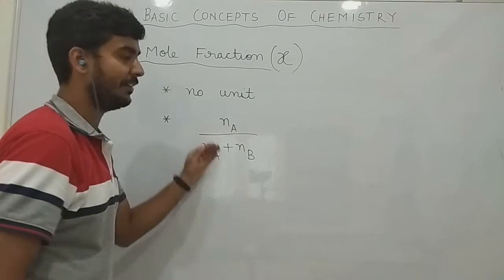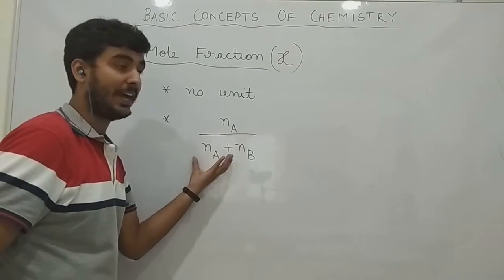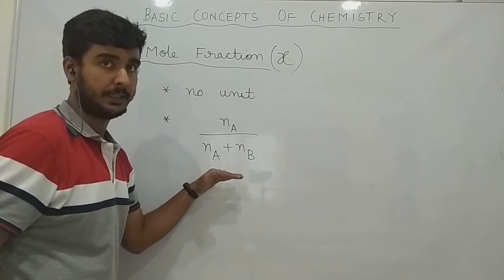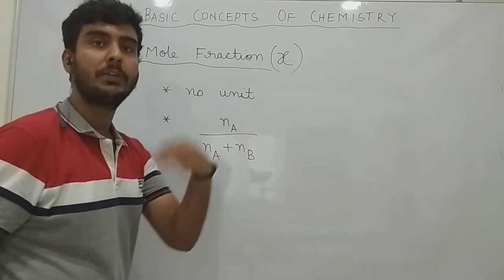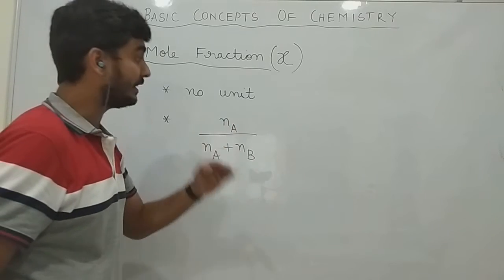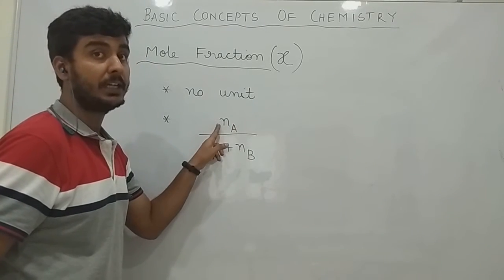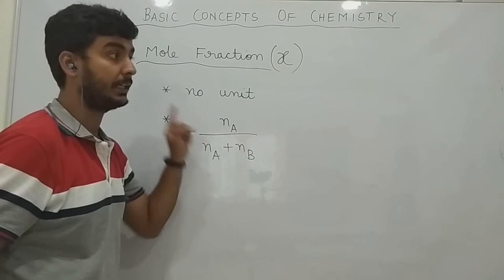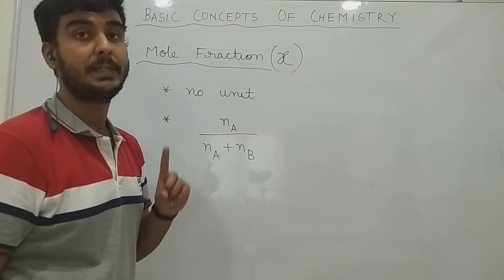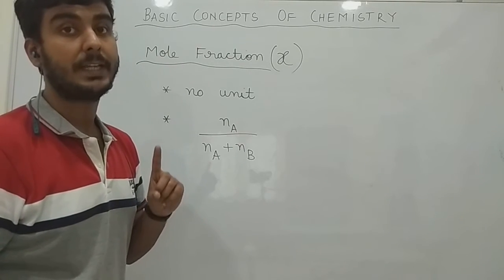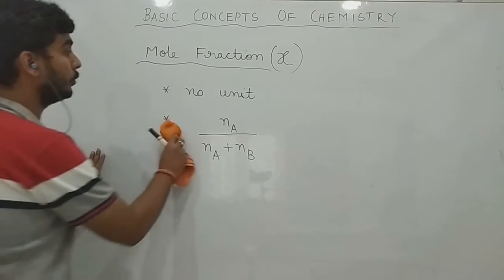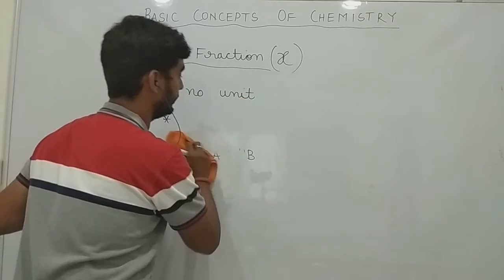If the solution has 2 or more components, you have to find the sum of all the components and place it in the denominator, whereas in the numerator you place only the number of moles of one component. So the numerator will be less than the denominator, and in a fraction, if the numerator is less than the denominator, the fraction can never be greater than 1. Remember this: for a component, mole fraction can never be greater than 1.